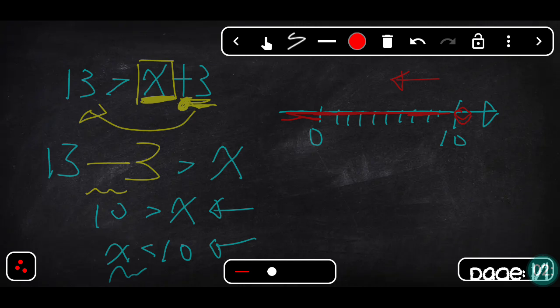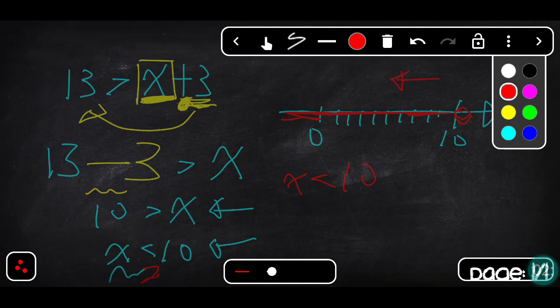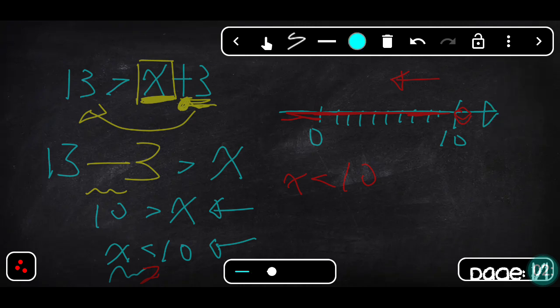And remember, the key here is that since x is less than 10, okay, we don't have an equal sign here, right? You can't see any equal sign here. So when it's not included, we usually use a hollow point. Okay, hollow point. So this is the key.